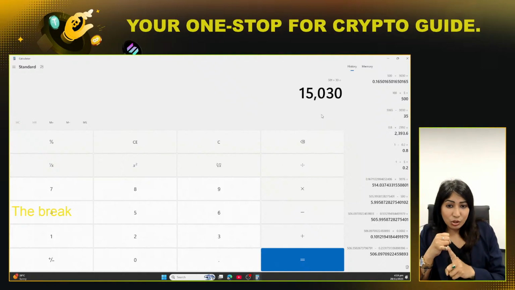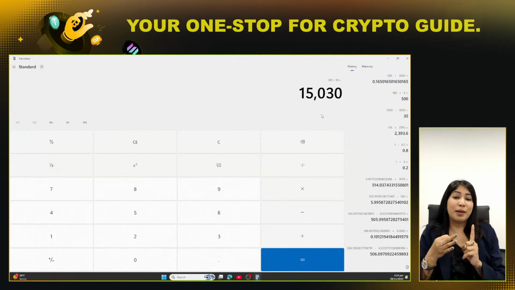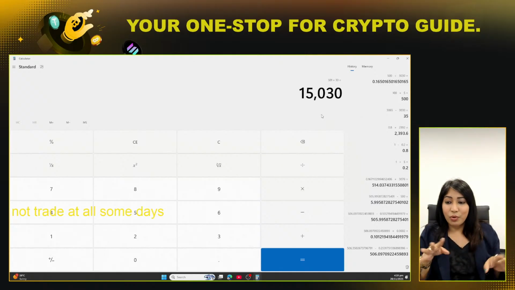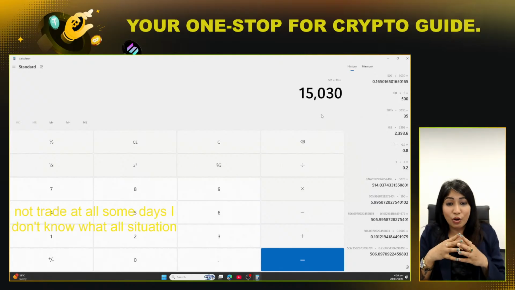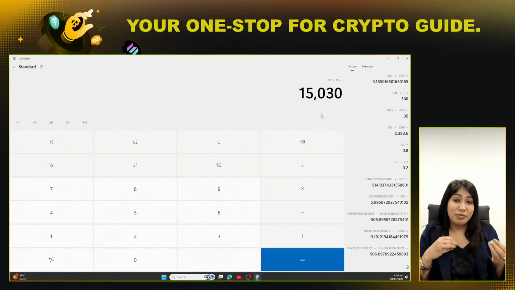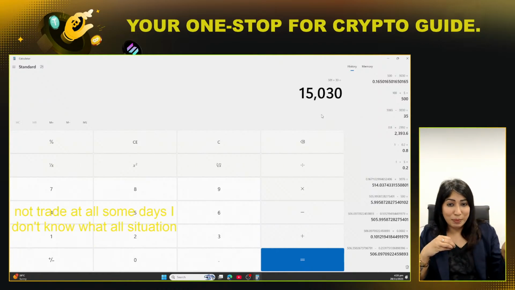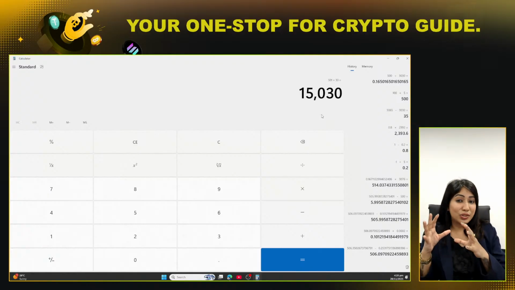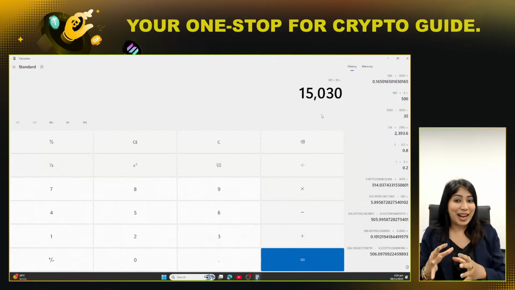Some days you'll make profit, some days you'll make losses, some days you will not trade at all, I don't know what all situations will be there. So after the end of the month, when you look at your PNL, you should at least, in the beginning stage, stand at break even.